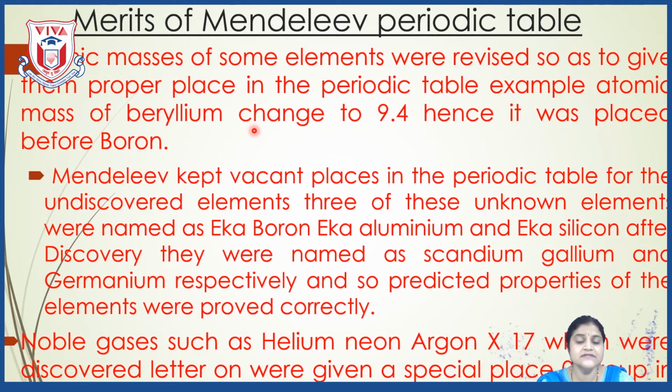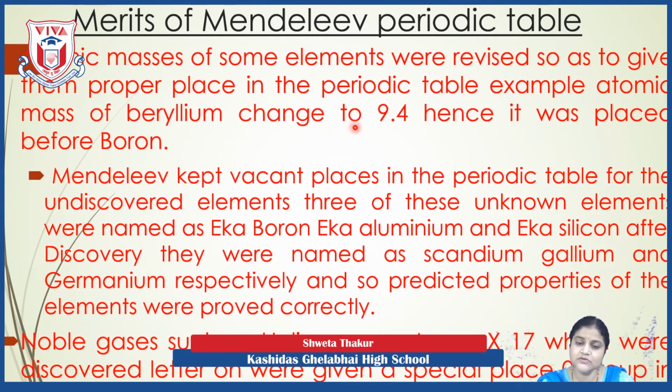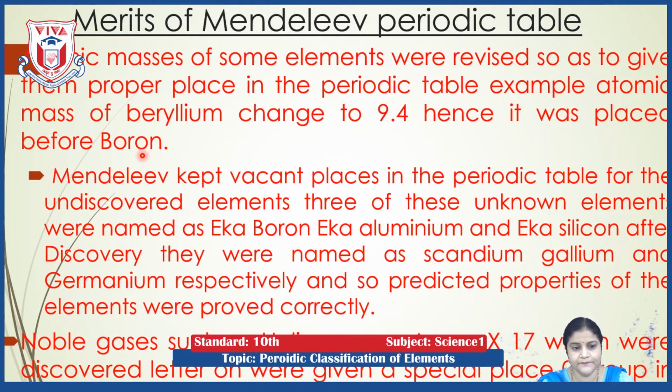So he first of all checked all the atomic masses, and he came to know that beryllium, whose atomic mass was 14.09, changed to 9.4 when he revised it, and henceforth its place in his periodic table was changed and brought before boron.